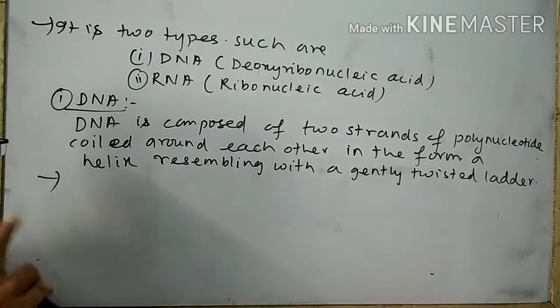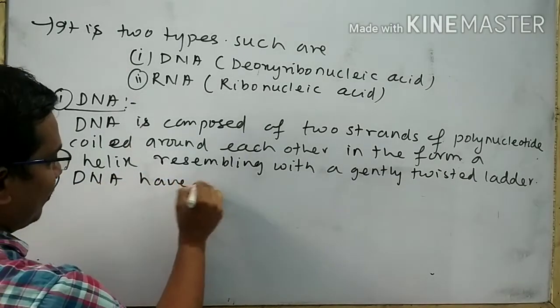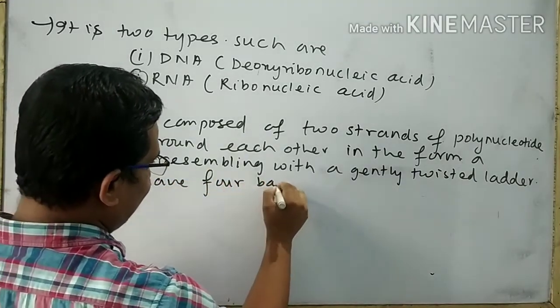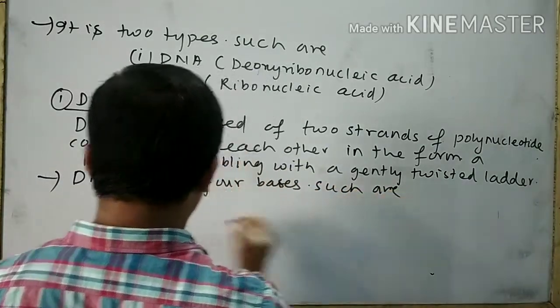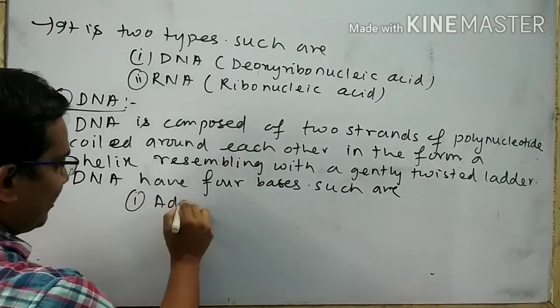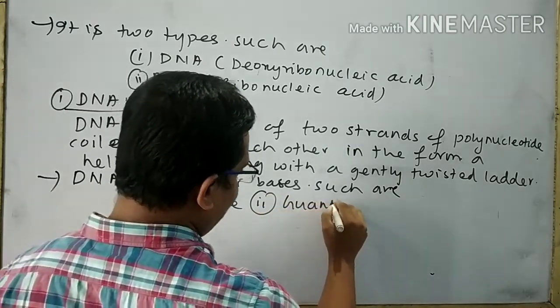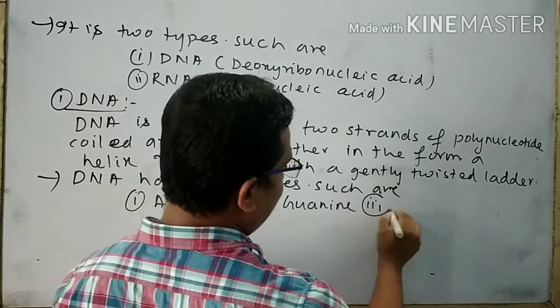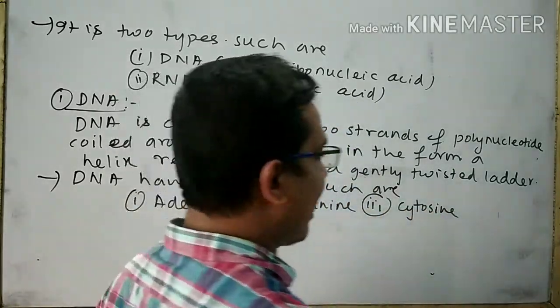DNA has four bases, such as number one, adenine, number two, guanine, number three, cytosine, and number four, thymine.